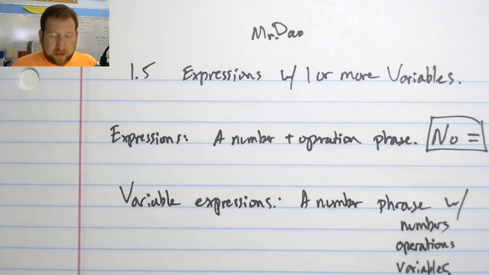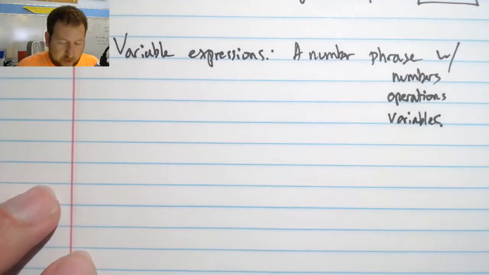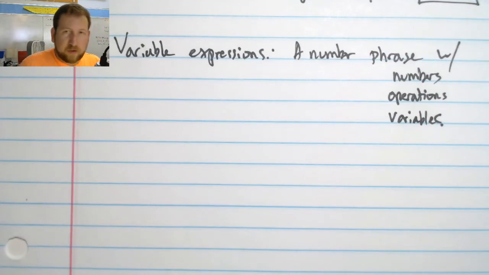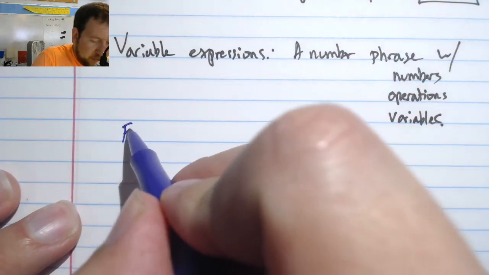All right, and we're going to continue talking about evaluating them. Remember, evaluating is what we can do when we're given what these variables mean. So let's talk about evaluating.